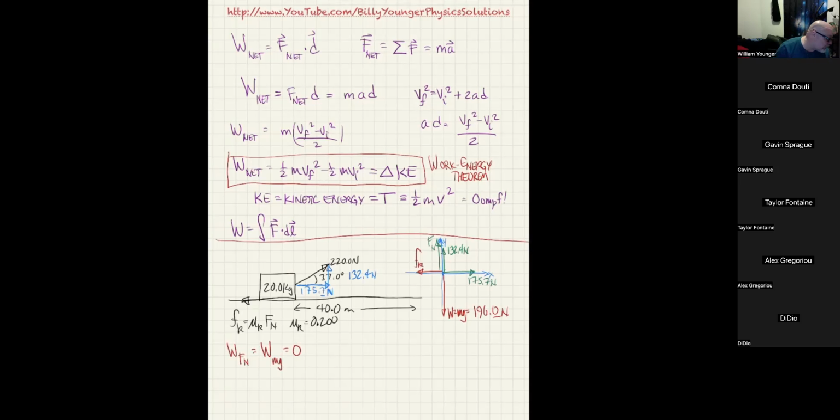However, we also found that the work done by the friction force was, in fact, in this case, we had a normal force of 63.6 newtons. We had a coefficient of static friction, or excuse me, of kinetic friction of 0.200. The normal force, like I said, was 63.6 newtons.